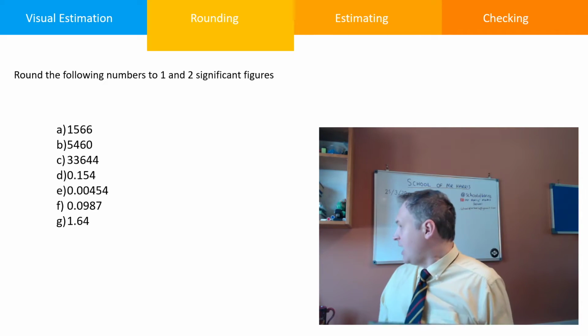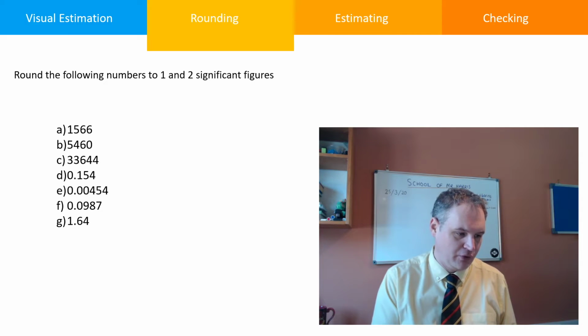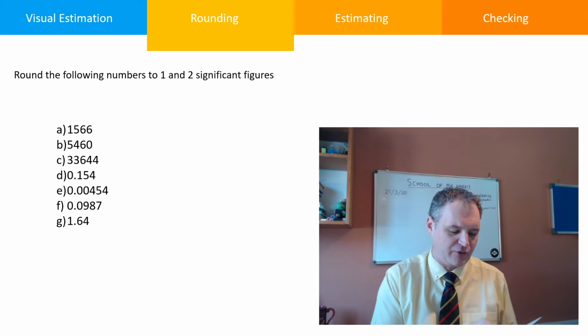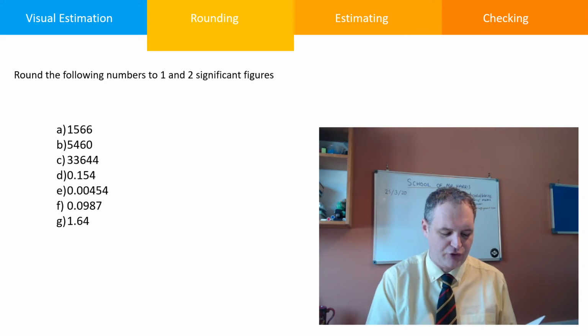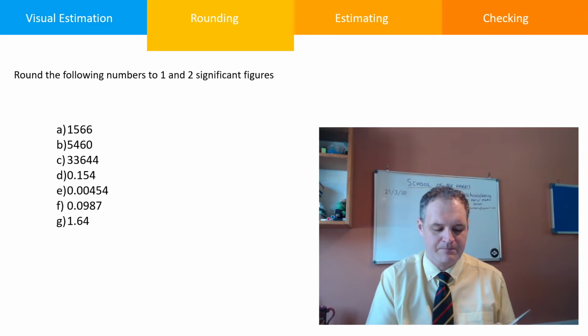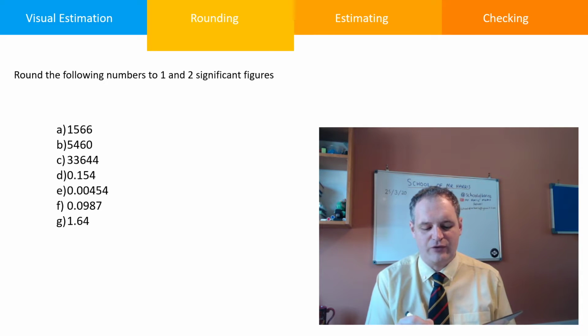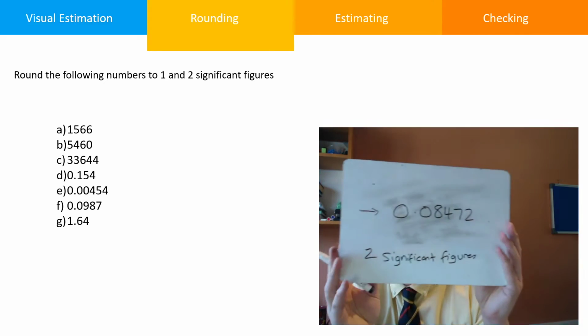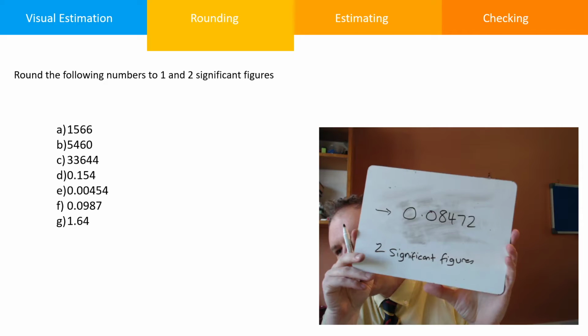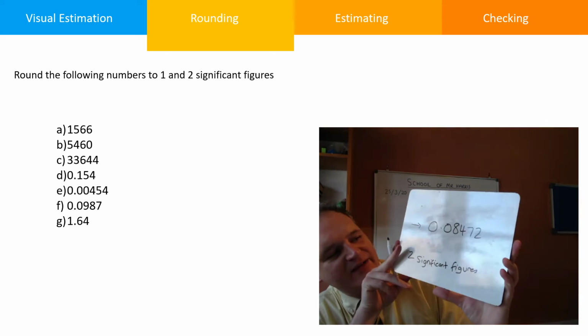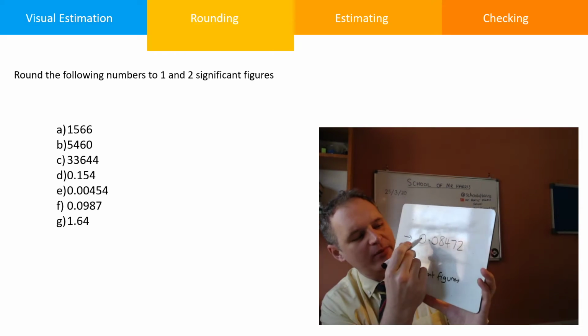Now I did say I'd do an example of what if it starts with a 0, because we have to be able to do 2 significant figures also from 0. Well, if it was 0.08472, then I ignore all the zeros before the 8. So I'm going to ignore him and ignore him.